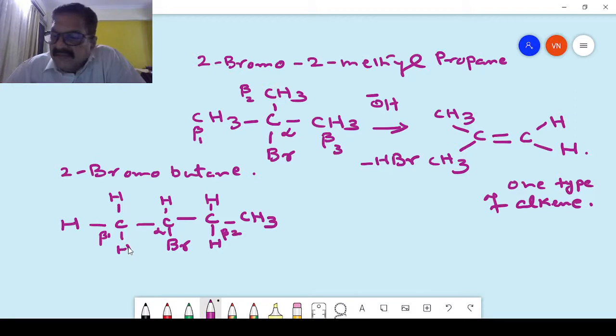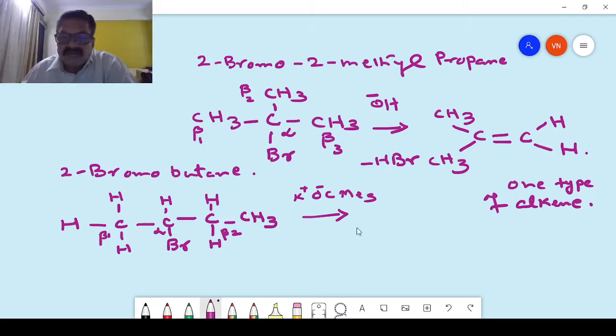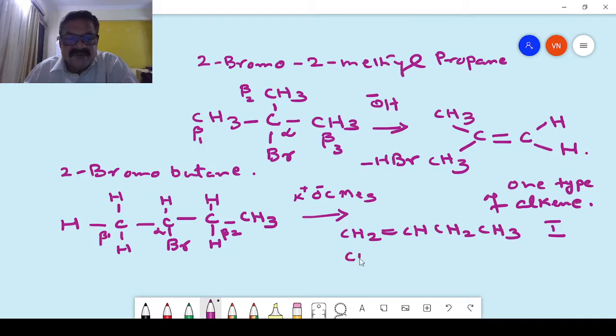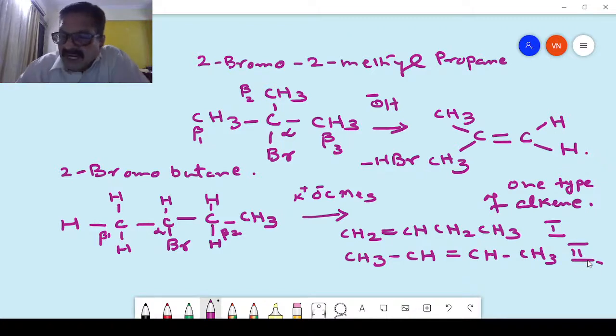Using a base, say potassium tertiary butoxide, we can have CH2 double bond CH, CH2, CH3, which is alkene 1. Then we can have CH3, CH double bond CH, CH3, which is alkene 2. Two different types of alkenes are formed here.